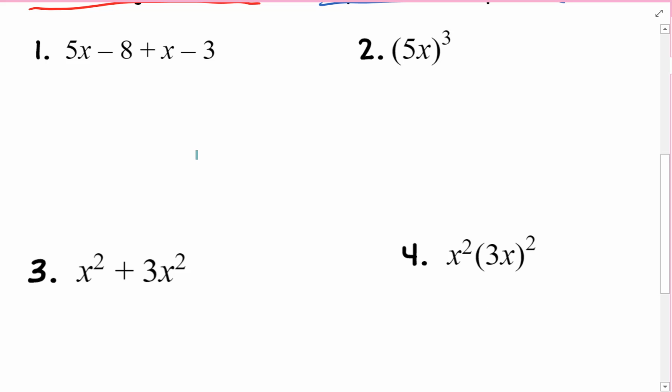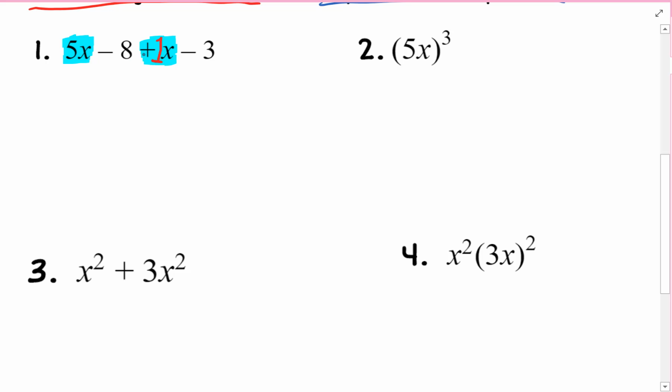So let's figure out what our like terms are. This term has an x attached to it, and this term has an x. So we would combine 5x and positive x. 5x plus x. Well, remember that if there's not a number written in front of the x, that's the same as 1x because 1 times x is x.